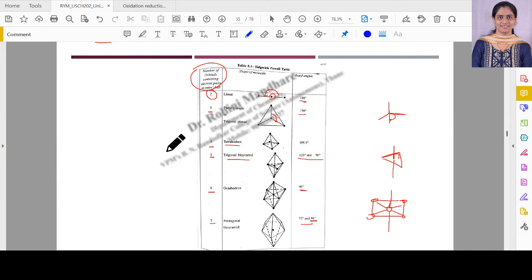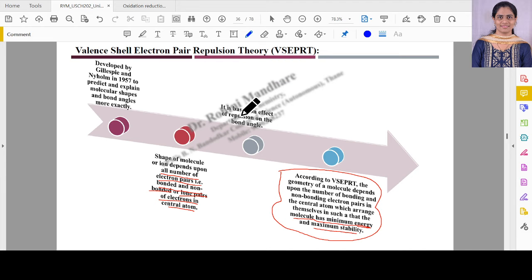We have seen different examples under this and how shapes of molecules are given based on Sidgwick-Powell theory. But there are limitations with Sidgwick-Powell theory. It doesn't take into consideration the orbitals of other species or lone pairs present in the outermost shell of the central atom.